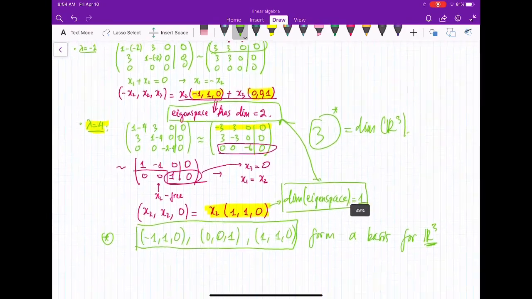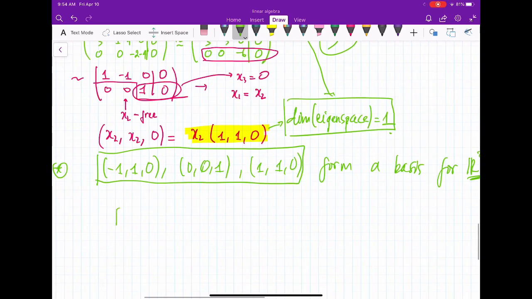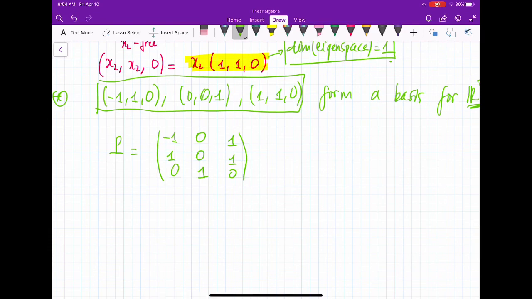our matrix. Okay, now let's form a matrix P, which is equal to negative 1, 1, 0. I write those vectors in column form. 0, 0, 1, and here 1, 1, 0. And let's verify that actually A, which is 1, 3, 0, 3, 1, 0, 0, 0, negative 2, is equal to P D P inverse.